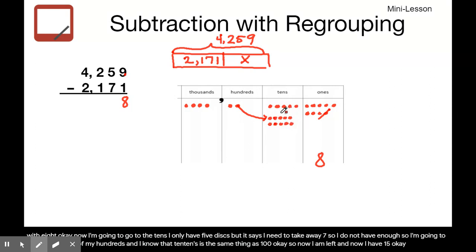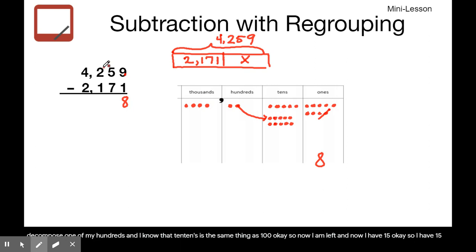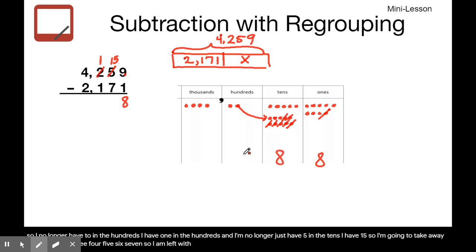I no longer have 2 in the hundreds, I have 1 in the hundreds, and I no longer just have 5 in the tens, I have 15. So I'm going to take away 7. 1, 2, 3, 4, 5, 6, 7. So I am left with 8, and 15 minus 7 is 8.